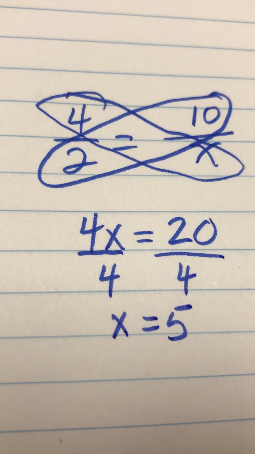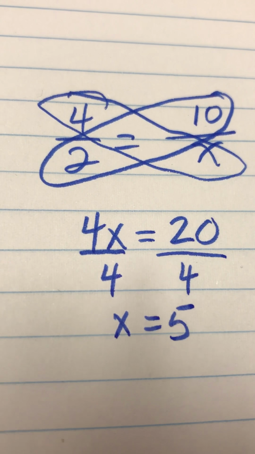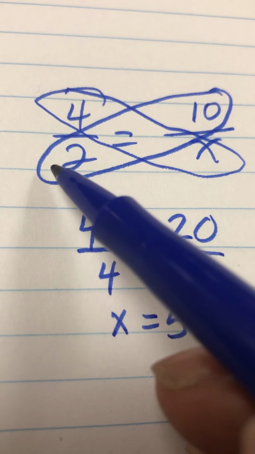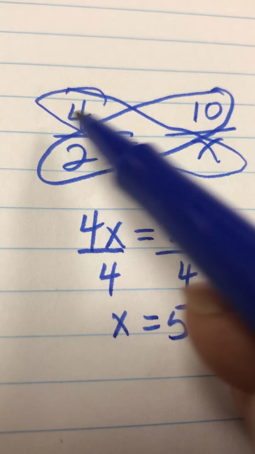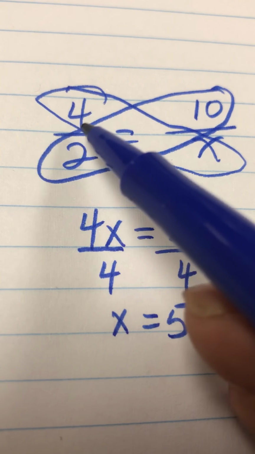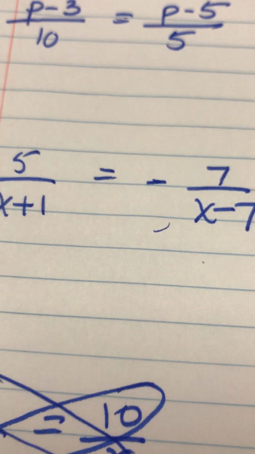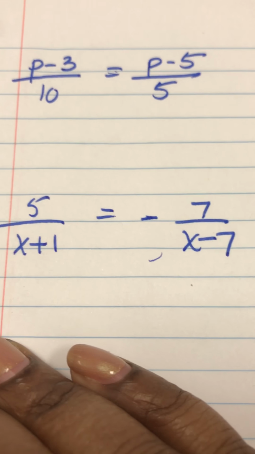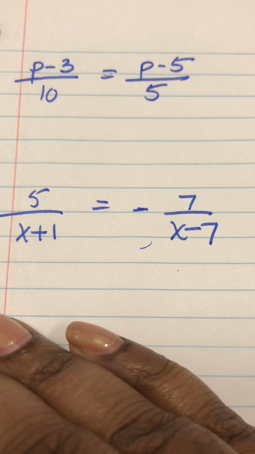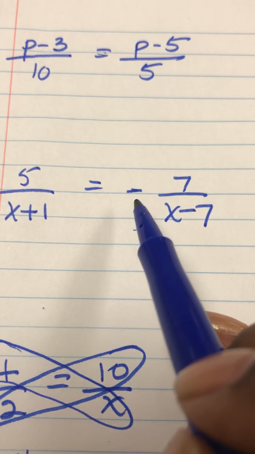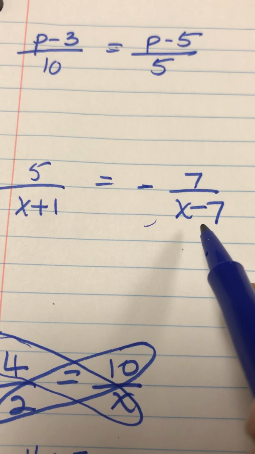Now, this same method applies to ones that have algebraic expressions in the numerator or the denominator. So for instance, this example here: 5 divided by x plus 1 equal to negative 7 over x minus 7.